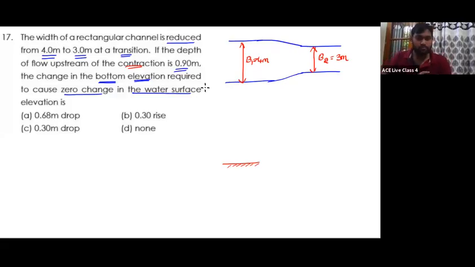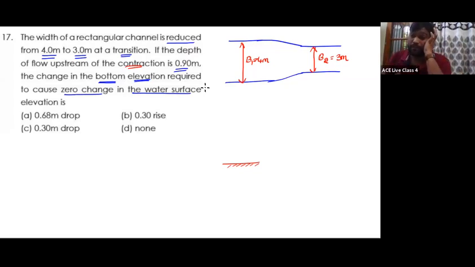Yes or no? Now, you know that if it is a single transition, whether it is a channel width reduction or channel bottom rise or drop, the water level may rise or may fall. If it is a subcritical flow, it should fall to critical. If it is supercritical, it should rise to critical.